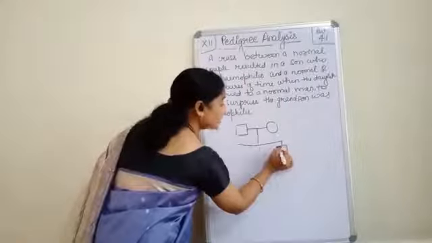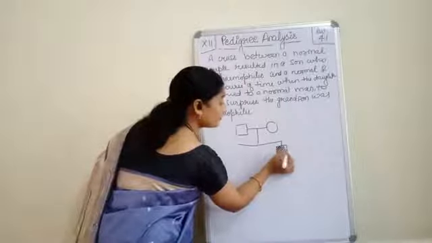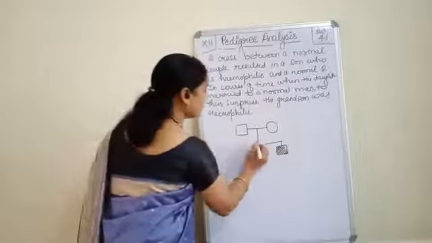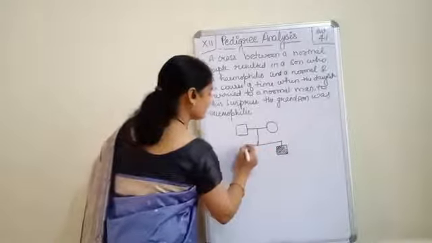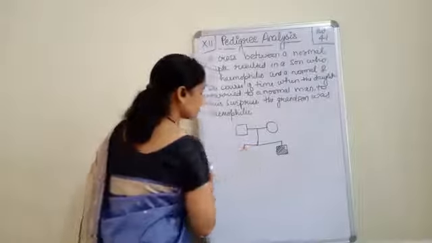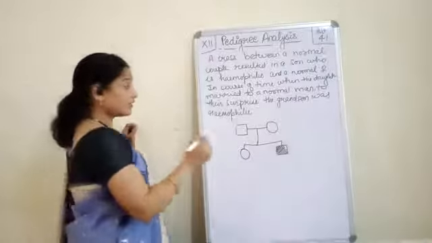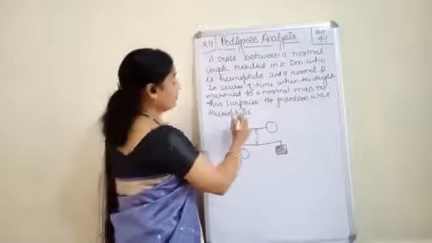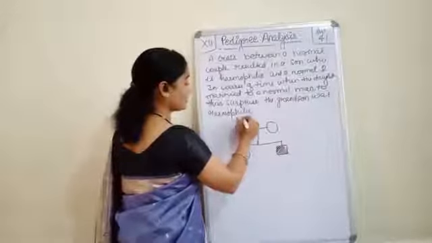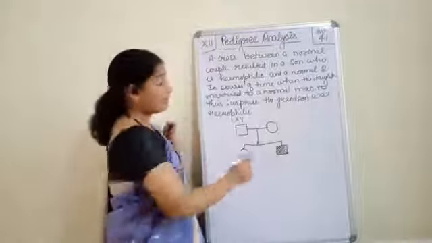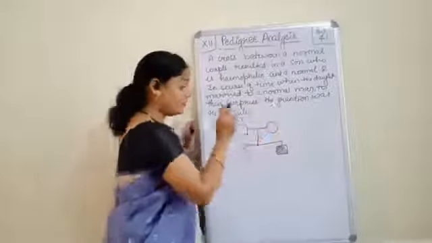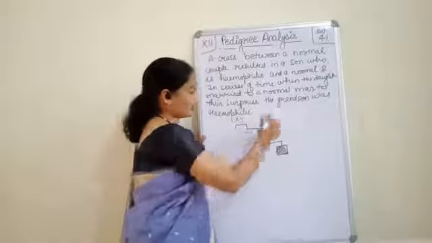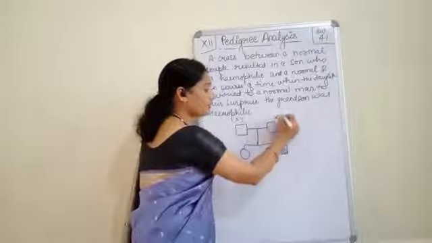Now the son is hemophilic. Clear? And a normal daughter. This means that the father is normal. So what can we write? X and Y. And the mother, like mother, this is the son, this is the daughter. Suppose the mother is also normal.